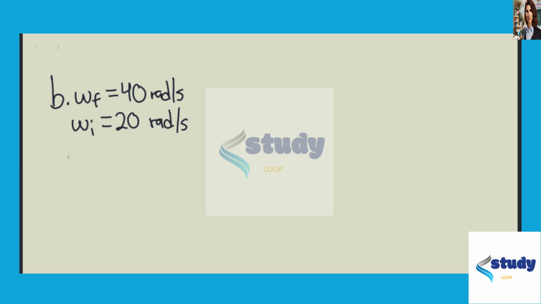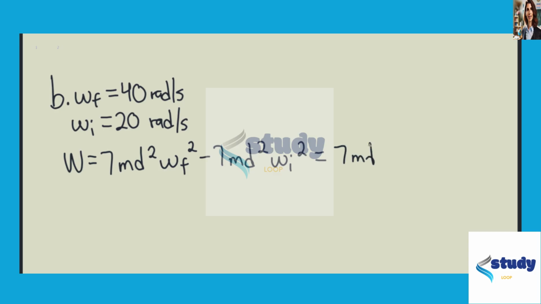So we can say that the work is going to be equal to 1/2 times 14, so 7 md squared omega final squared minus 7 md squared omega initial squared. This will simply be equal to 7 md squared times omega final squared minus omega initial squared, given that the mass and the distance, of course, does not change.